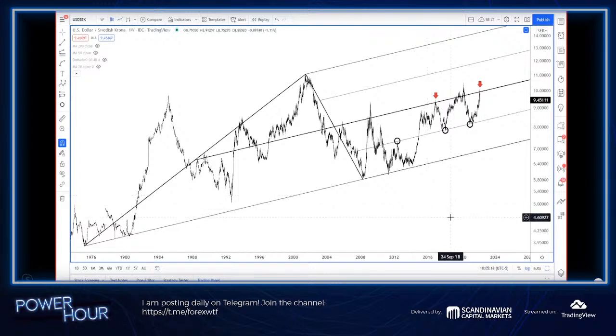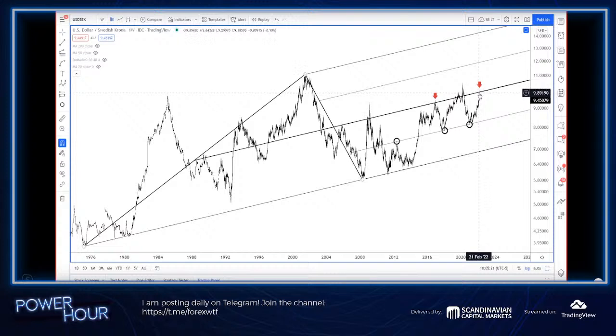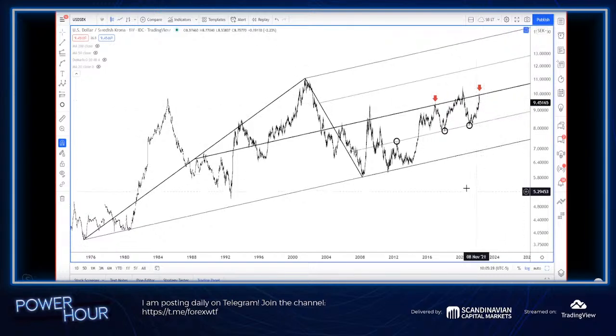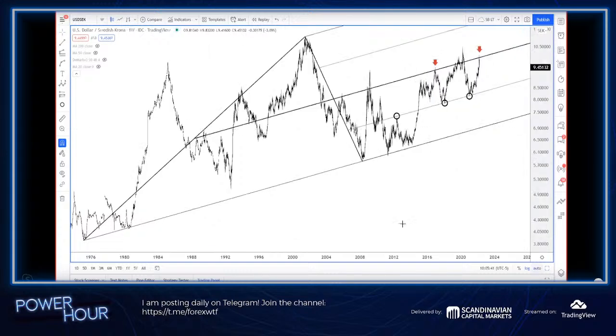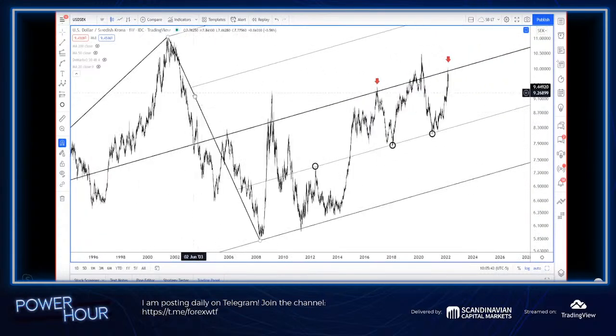So my point being is that we hit a massive, massive resistance level, and we're coming off of it, coming off hard. If, however, we were to break this level, that would probably be pretty scary for every other asset class, but you'd have to be extremely bullish dollar SEK and, by extension, probably the dollar in general.